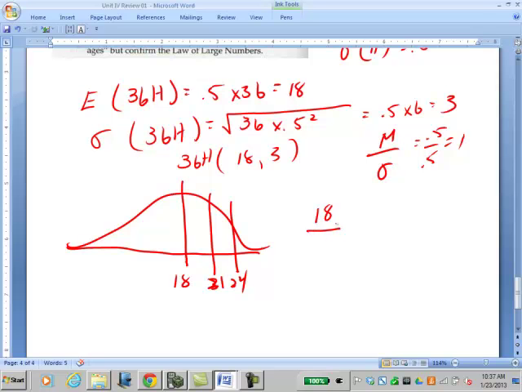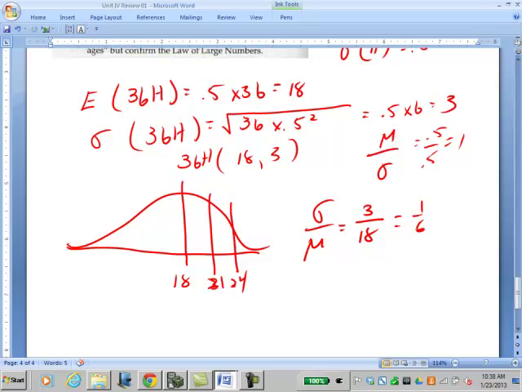Let's do it the other way, standard deviation to mean. The ratio of the standard deviation to the mean is 3 over 18, which is 1 over 6. So the ratio went from 1 to 1 over 6. In other words, the relative spread got smaller. The output got more normal.